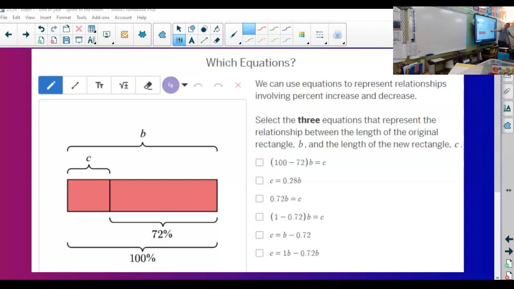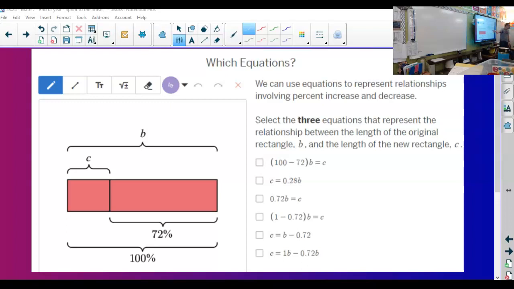Can I use this 100 minus 72? Why not, Sophie? Donna? We need decimal forms.